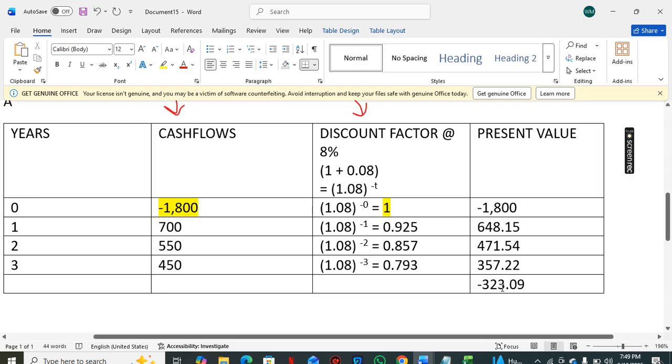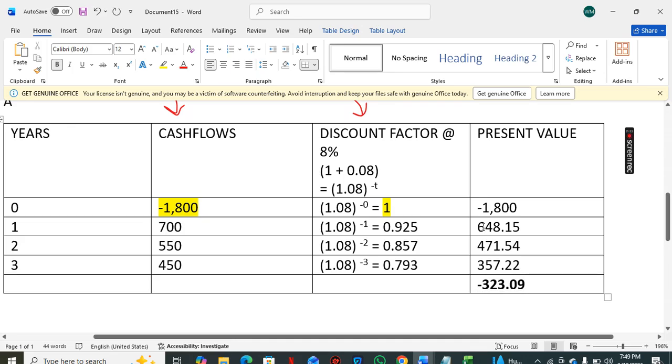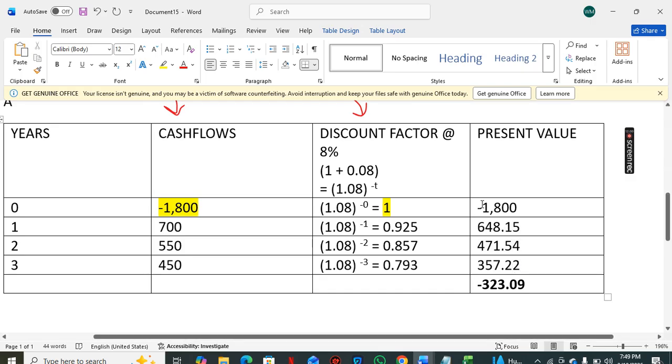So what this is telling us, colleagues, is that these cash flows, this money which we are going to receive in the future and convert into today's value, is less than how much we spent. Okay?